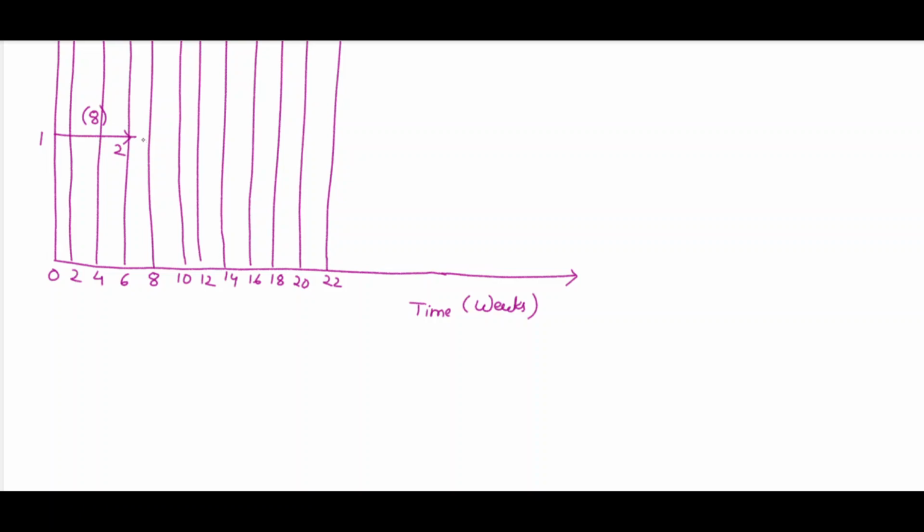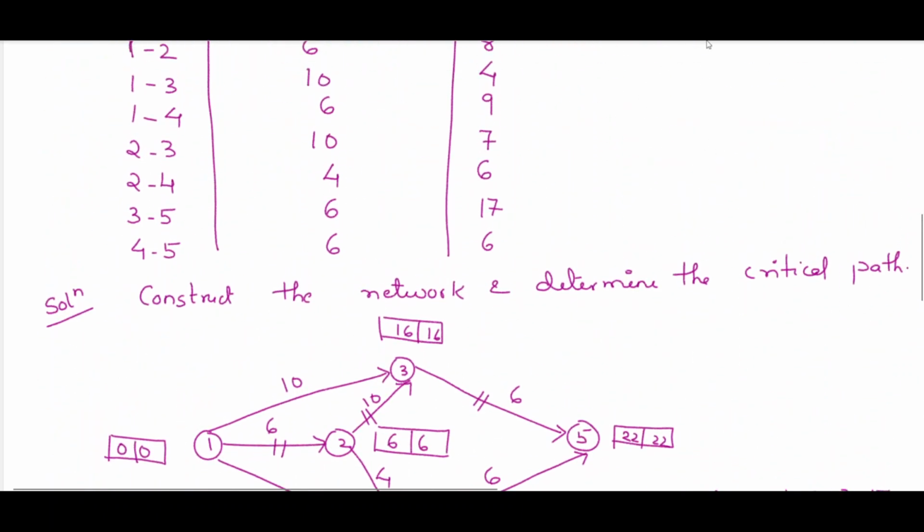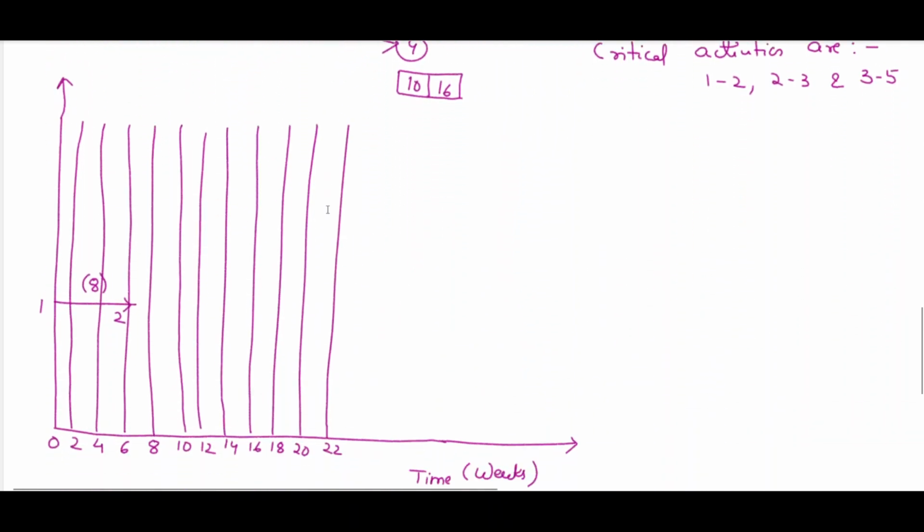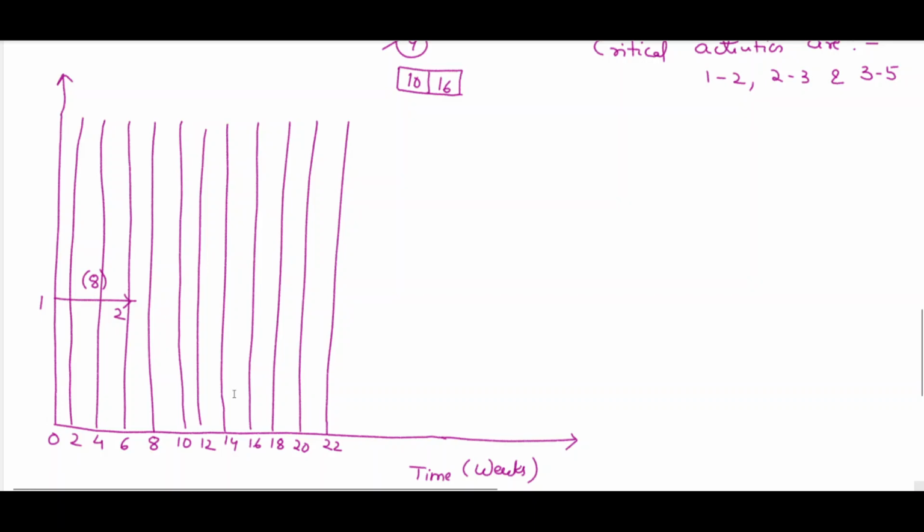Likewise, the next critical activity is 2 3. Its duration is 10 weeks. Then 3 5, its duration is 6 weeks. As the duration of 2 3 is 10 weeks, it starts at 6, that means 6 plus 10, up to 16, it will be our activity 2 3.